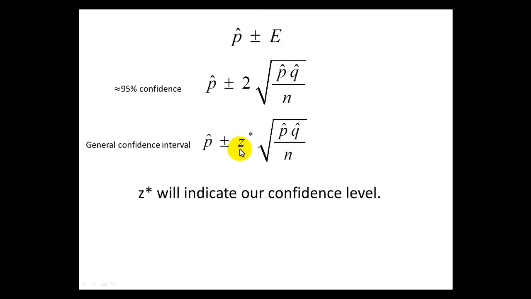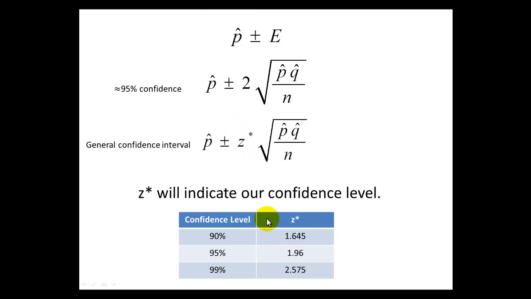So what this will allow us to do is change our confidence. Perhaps you might want to do a 90% confidence interval or a 99% confidence interval. These are all very popular confidence intervals. All you have to do in order to change your confidence level is to alter z star. Z star is given for each of these very common confidence intervals listed here to the right. Notice here for a 95% confidence interval, one would use 1.96.